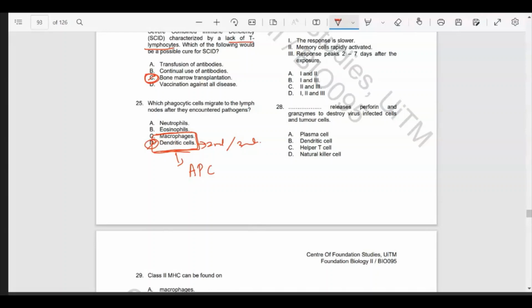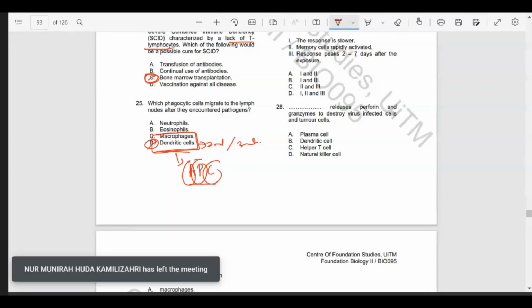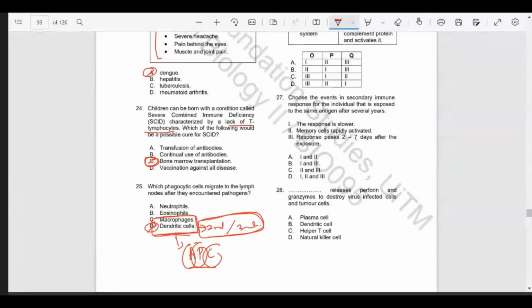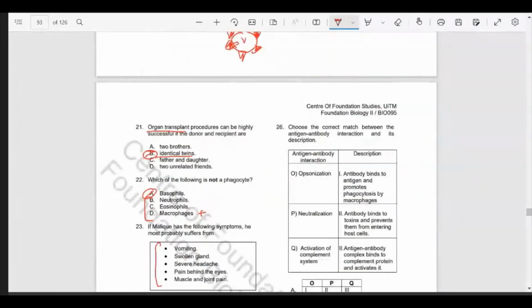That's why they become antigen presenting cells. These two cells present the antigen of the pathogen to another immune cell, which is the helper T cell. We will look at the details in our next lecture. So these two cells are involved in both second and third line defense. Okay, so 26.